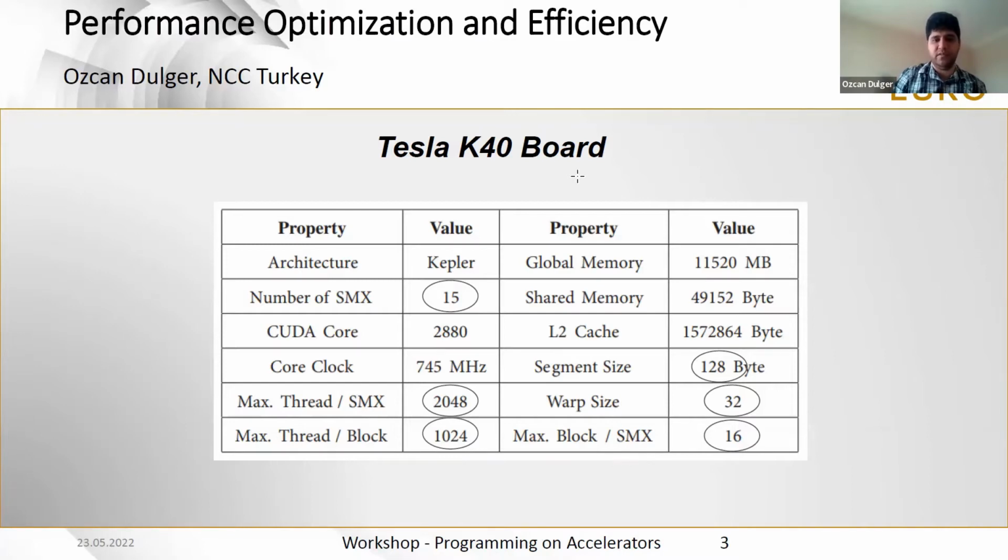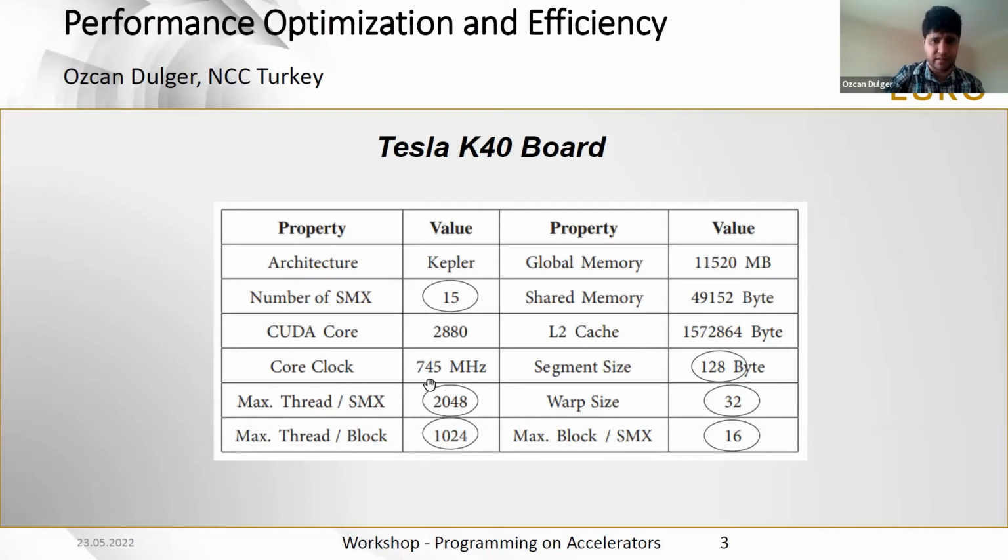I used the Tesla K40 board, and its architecture is the Kepler architecture. There are some important specifications about this board. One of them is the number of streaming multiprocessors in the Tesla K40 board. It is 15, and the segment size of the global memory is 128 bytes.